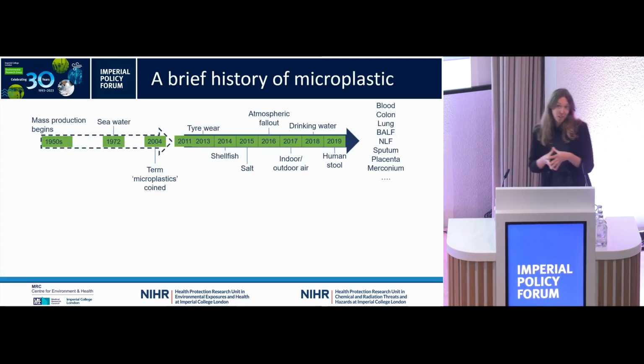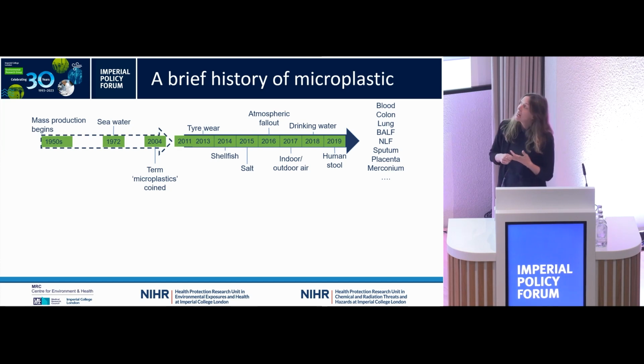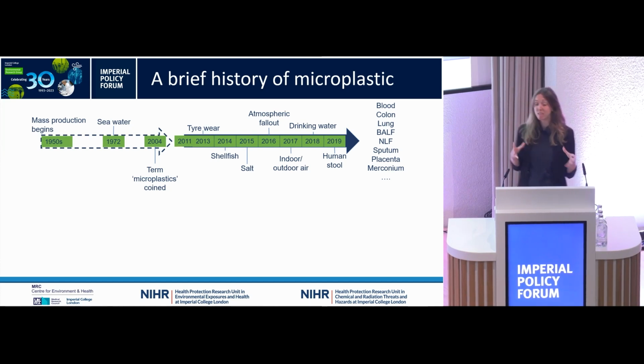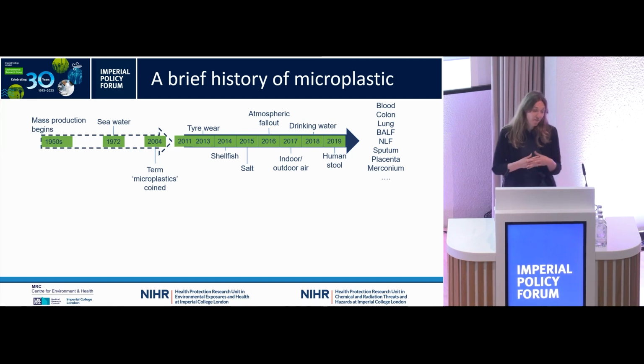Just to give you a feel for the timeline of microplastic pollution, the term was first coined in 2004. Since then, up until recently, it's been traditionally recognised as a marine pollutant, because we first observed it in the marine environment.